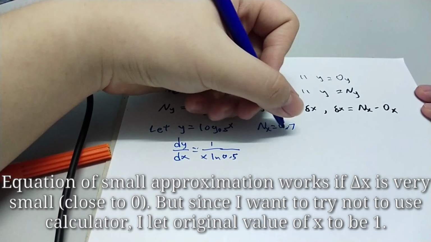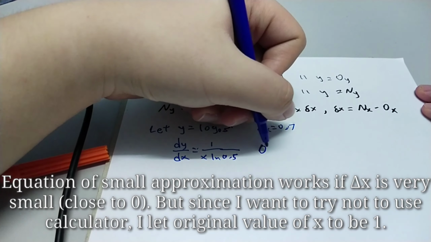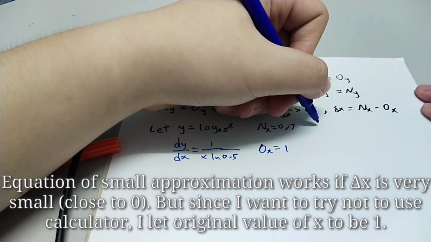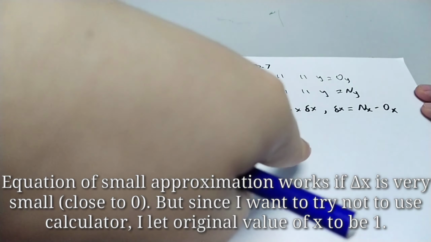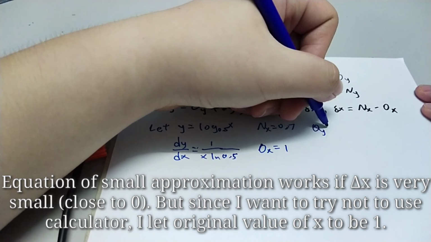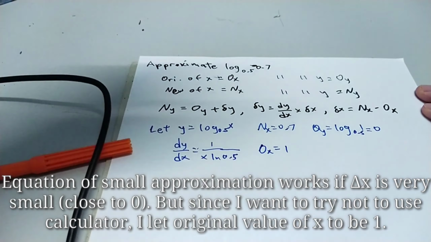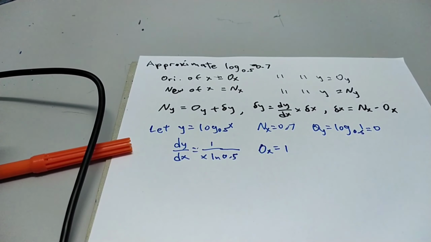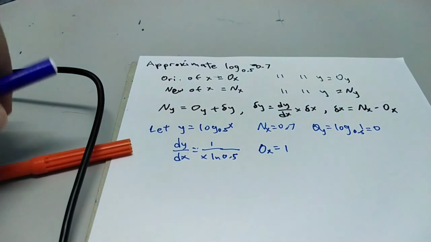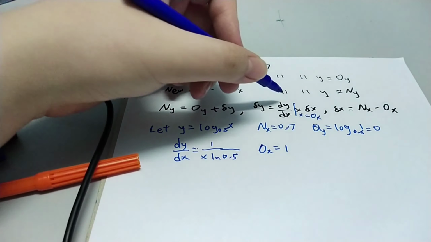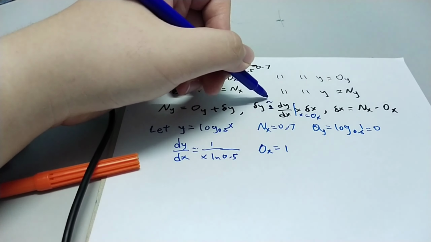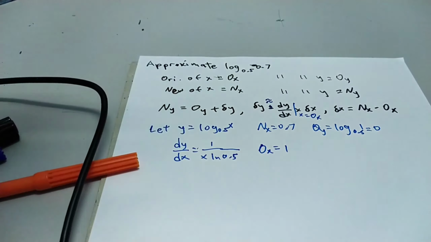So I will let the original value of x equal to 1, and then the original value of y equal to log of 1 with base 0.5, which is equal to 0. Then we can substitute everything, and for dy over dx we plug in the original value of x.